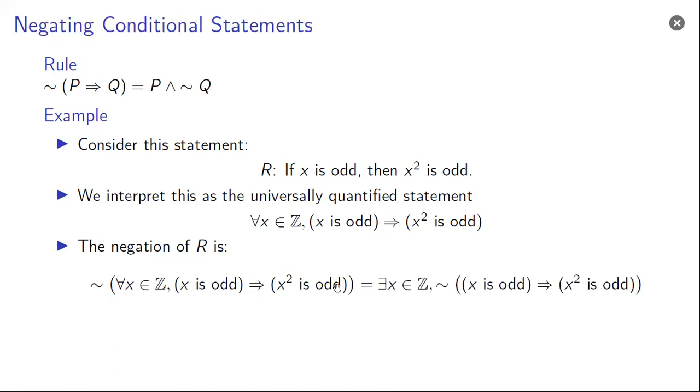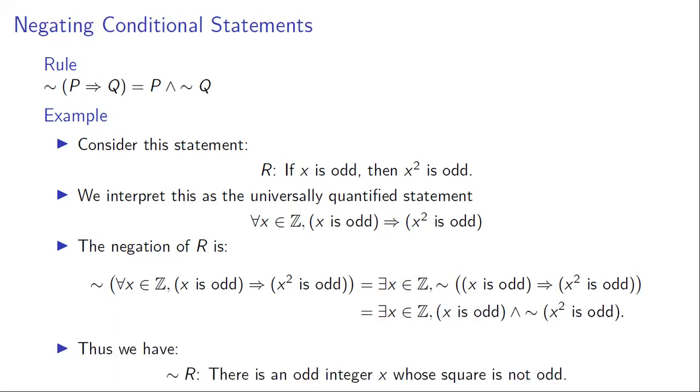So this becomes there exists an x in Z such that not if x is odd, then x squared is odd. And now we can use the rule from the top, because we have a not being applied to a conditional. So this is logically equivalent to there exists an x in Z such that x is odd and x squared is not odd.